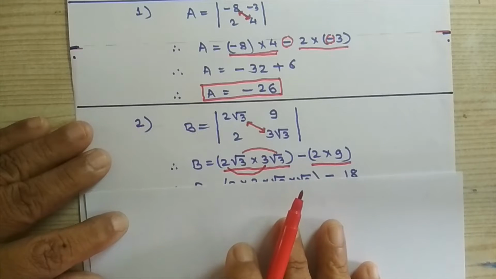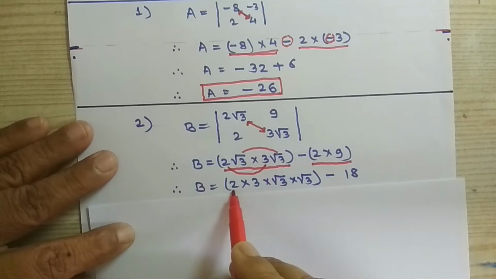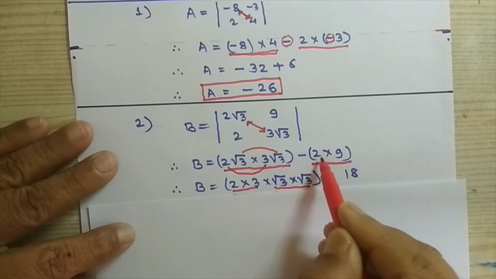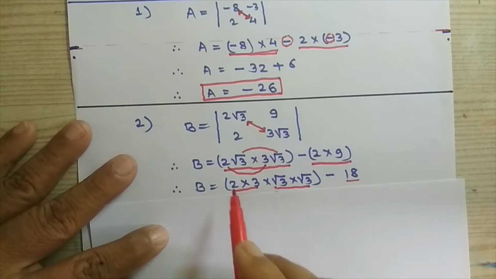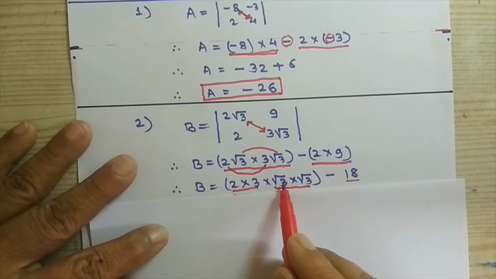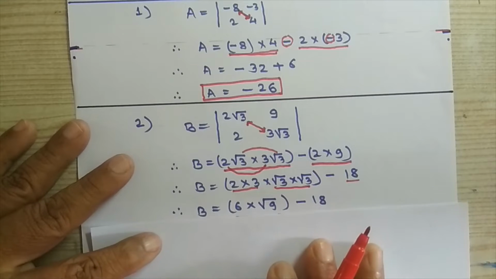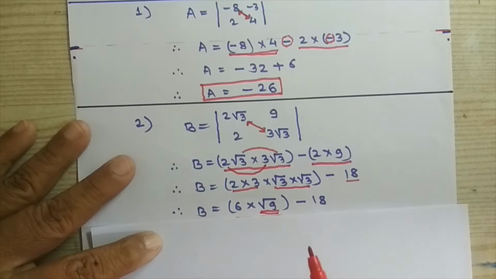Therefore, we take it like this: 2 into 3, and root 3 into root 3 we take here. 2 9s are 18, we know that. Now see here, 2 into 3 means 2 3s are 6, and root 3 into root 3 means root 9. We write it like this: 6 into root 9 minus 18. But we know that root 9 means 3.